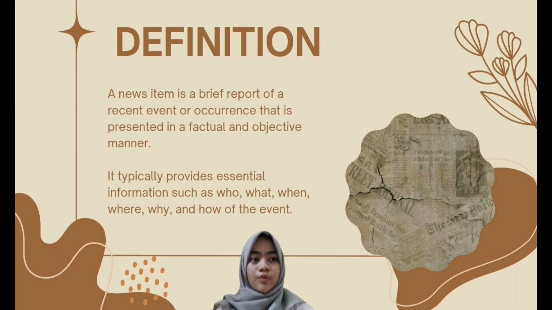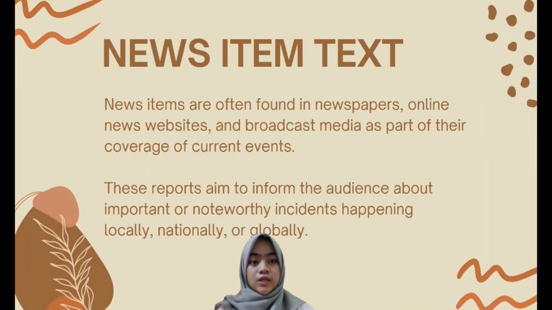It typically provides essential information to answer the questions who, what, when, where, why, and how over an event. News items are often found in newspapers, online news websites, and broadcast media as part of their coverage of current events. This report aims to inform the audience about what happened, the important noteworthy incidents happening locally, nationally, and globally.